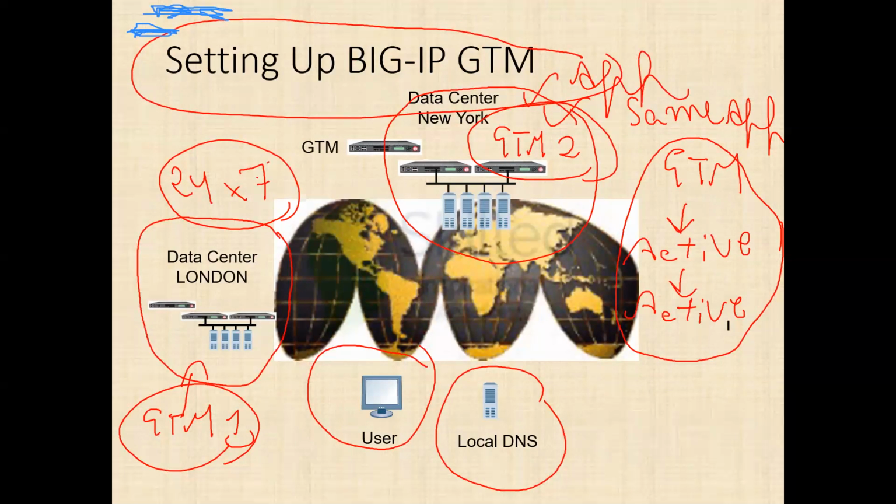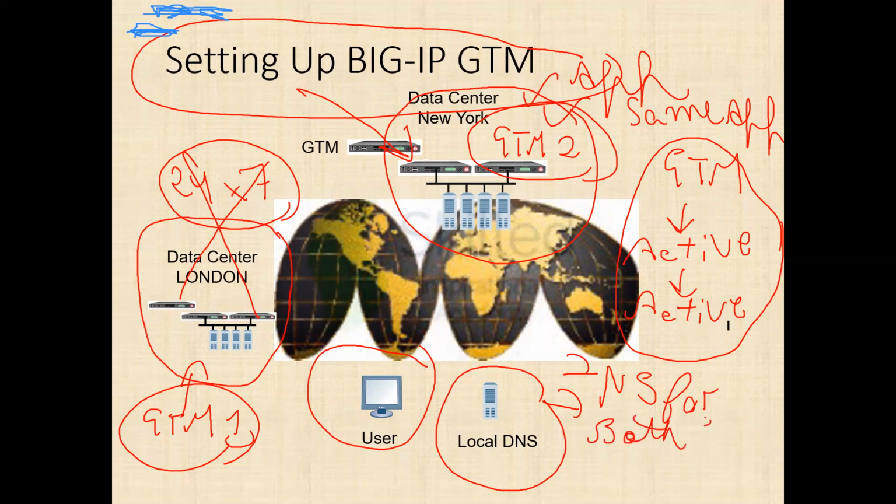If one data center goes down, say London, all traffic will go to New York. The LDNS would have name server entries for both GTMs. I will go into detail later. In our case, we are using high availability, and all are active.